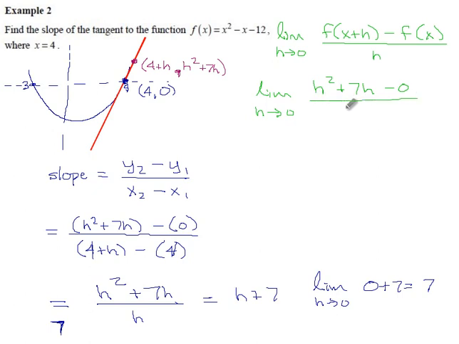Subtracting 0 is a little bit pointless, but that's okay, we can do it. Limit as h goes to 0, h squared plus 7h over h equals h plus 7. And then as h goes to 0, the same thing happens. So you can set this up from what you know about slopes, or you can use the formula and get the same answer in a few fewer steps.